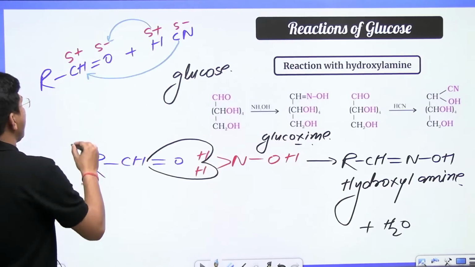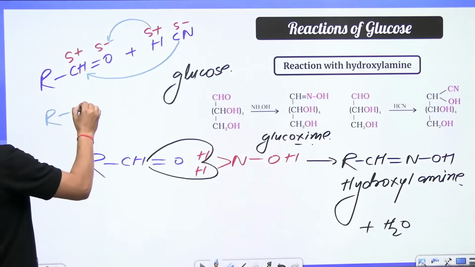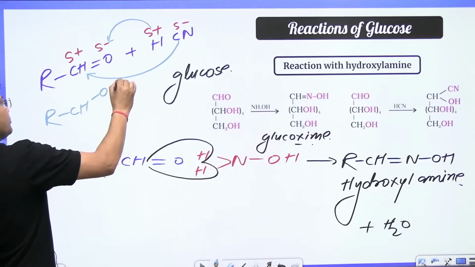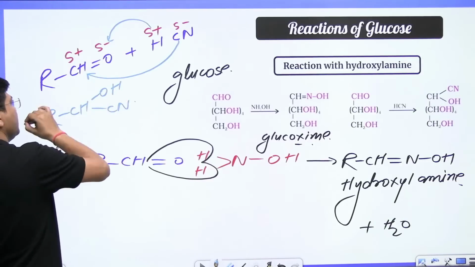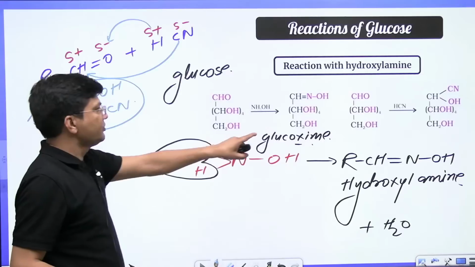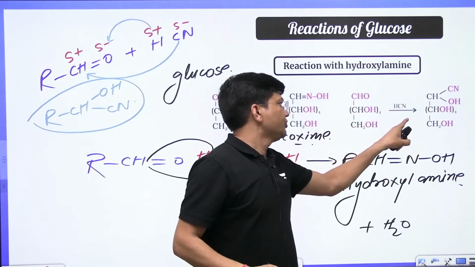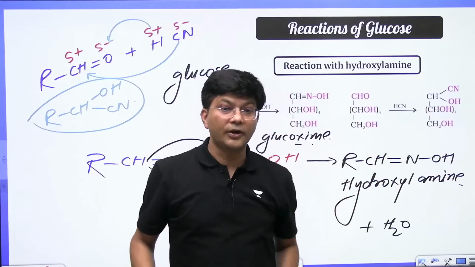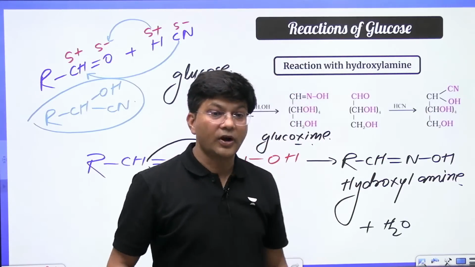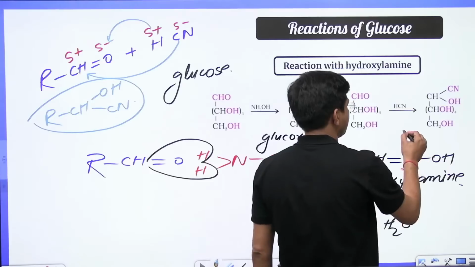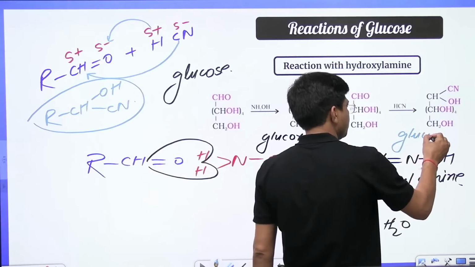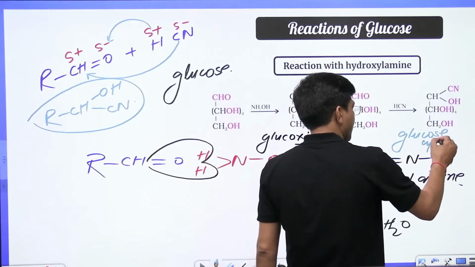You will get cyanohydrin like this, RCHOH CN. So this is your glucose, and glucose is reacting with hydrogen cyanide. So you got glucose cyanohydrin. The name of this compound is glucose cyanohydrin.